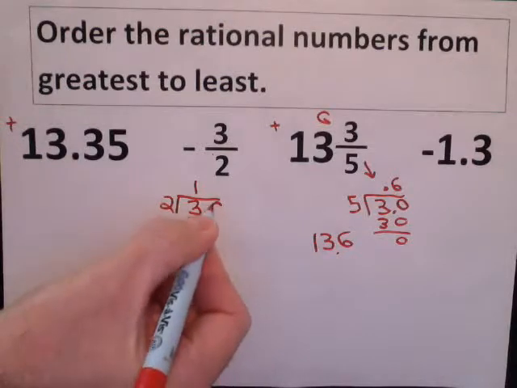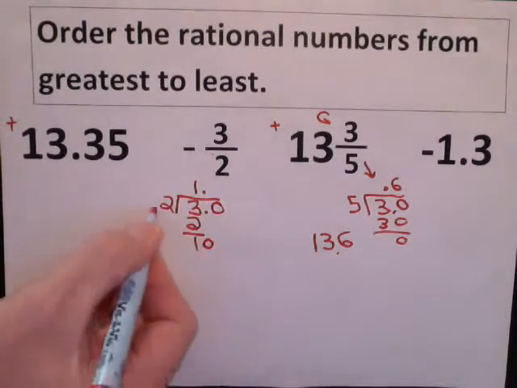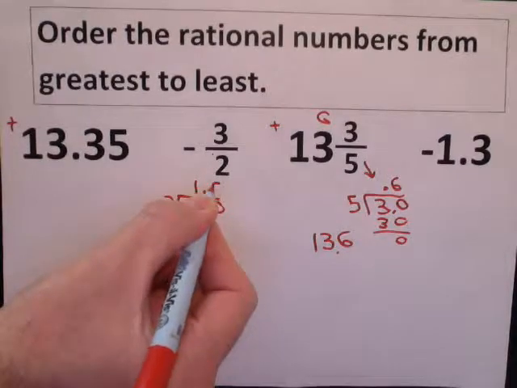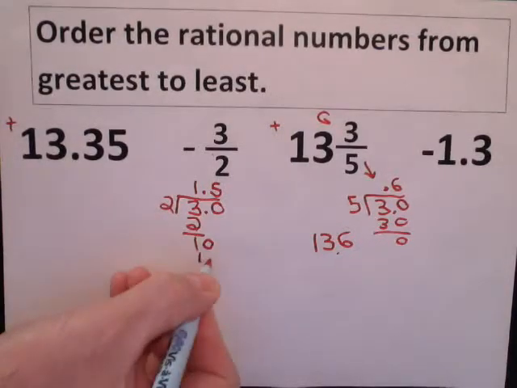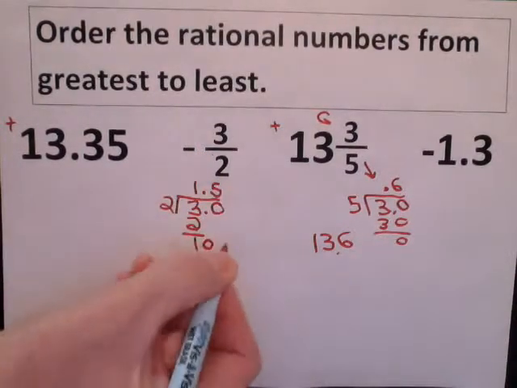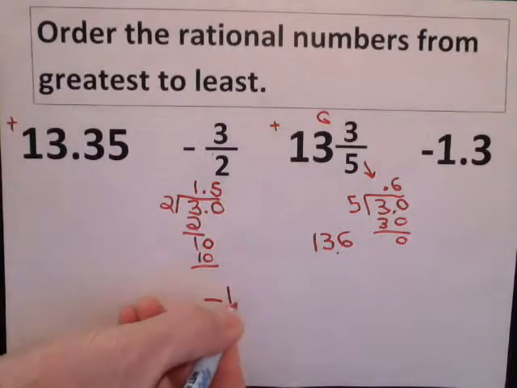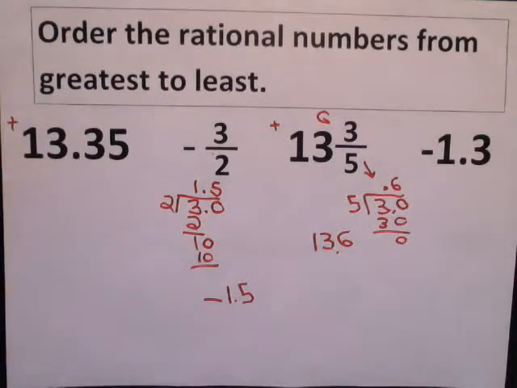Add a decimal point, annex a 0, bring down our 0. 2 will go into 10 5 times. 5 times 2 is 10, and it terminates. So this is actually equal to a negative 1.5.